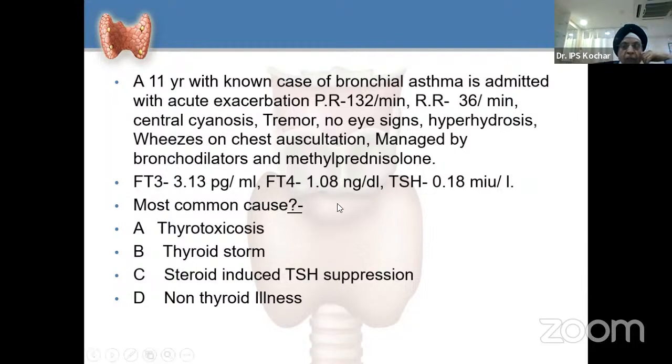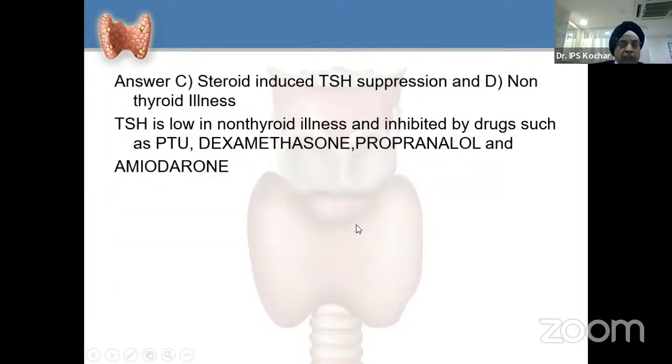That is why you have FT4 normal, FT3 normal, TSH suppressed. It could also be a non-thyroid illness. So this patient was a case of steroid-induced TSH suppression and not thyroid disease. TSH is low in non-thyroid illness and with drugs such as PTU, dexamethasone, propranolol, or metronidazole.